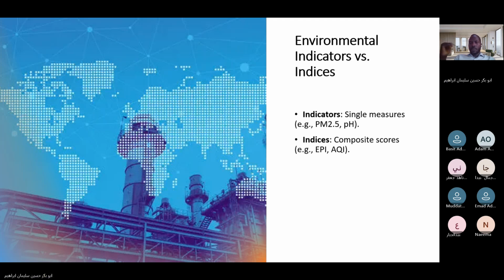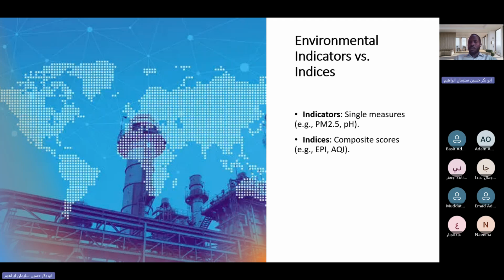If you find the pH is very high, it is not good, and if it is very low, it will be acidic, which is also not good. This is the indicators here. When you are going to test the water, you measure the particulate matter inside that water. Additionally, you can measure the pH of that water. All this is called indicators.